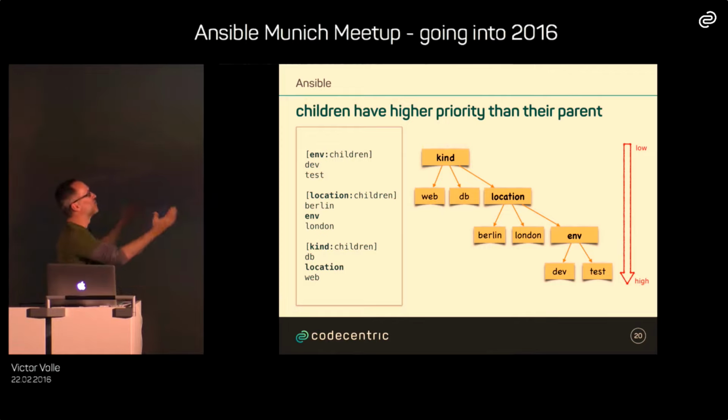Then I have the location Berlin and London, or Berlin and Amsterdam, and again I place the category I want to have, the layer, on the same hierarchy level as Berlin and London. It looks strange for me. It just doesn't please me. But this is the best solution you can come up with Ansible as it is.